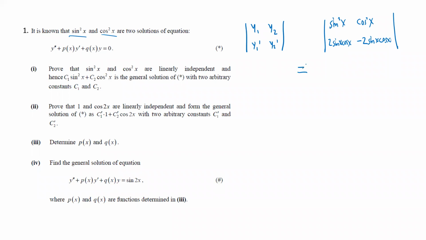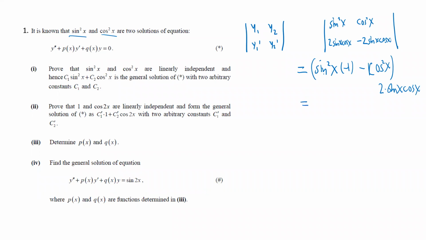So then you have sine square x. So both rows will have this sine x cosine x as a common factor. Right. So I just have this minus 1, minus 1, minus cosine square x. And then the common factor is 2 times sine x cosine x.